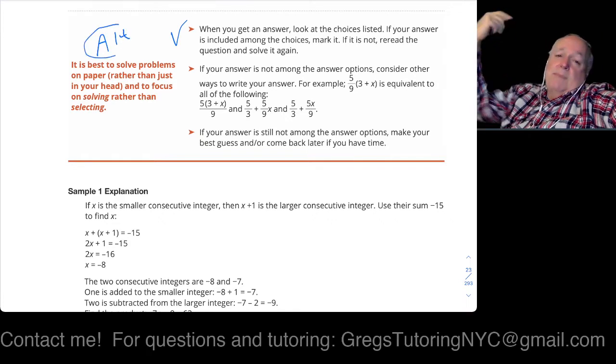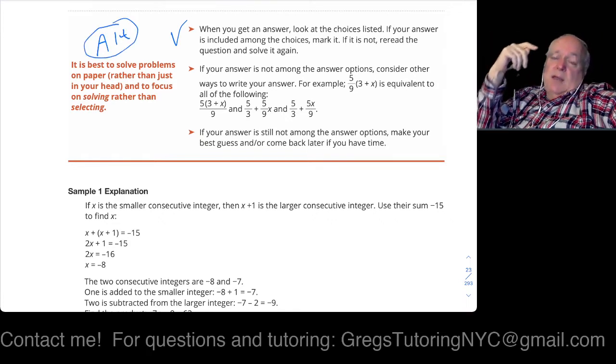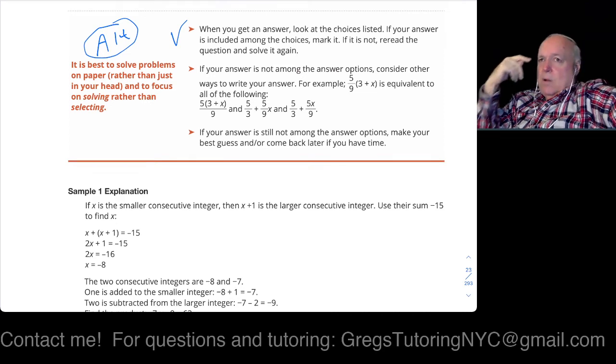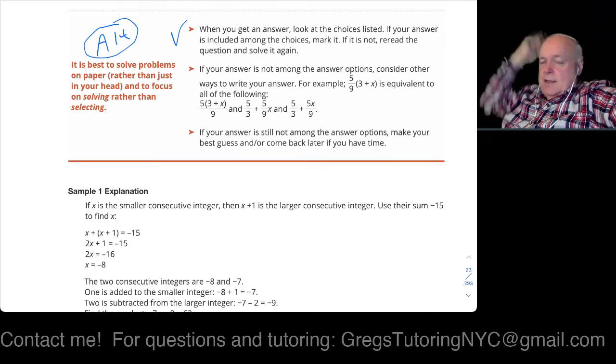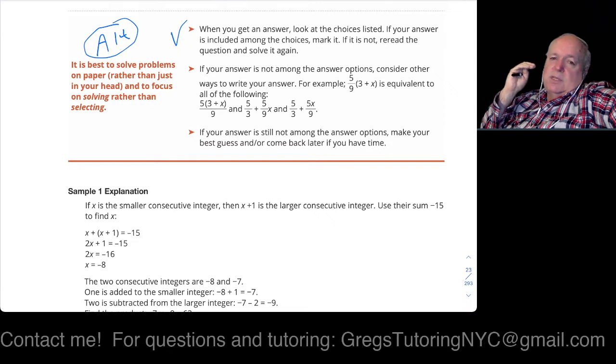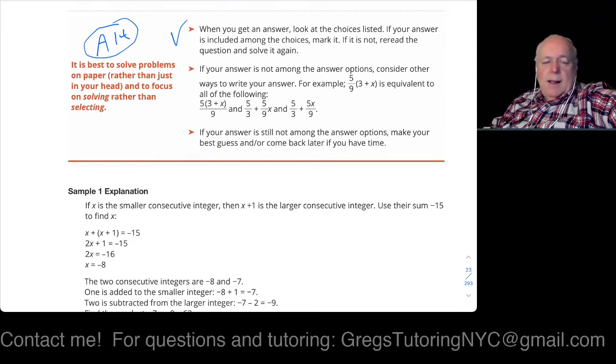Because one of the problems with double checking is that if you do a problem wrong, most likely, at least this is what I found, when you go to double check it, you're probably going to do it wrong again. Sometimes you can catch it, but if it flew over your head, you're just going to make that same mistake twice. That's the nastyism that you have to figure out.